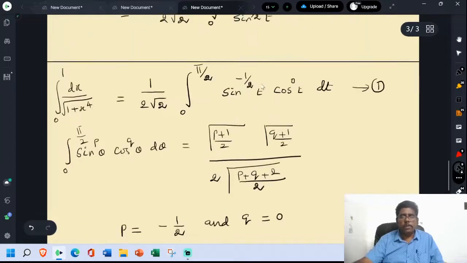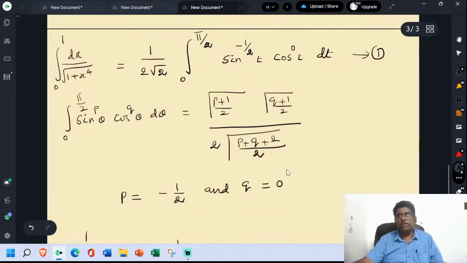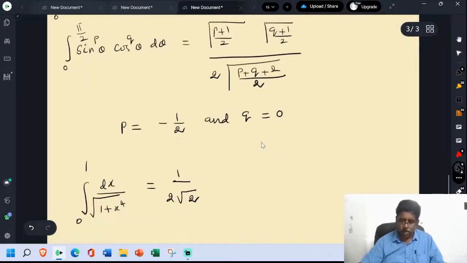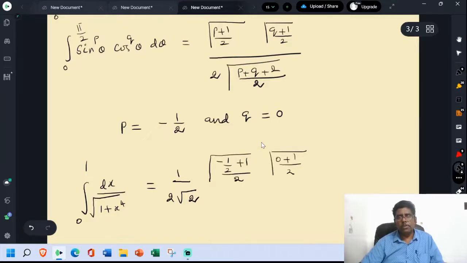To solve this integral, just you have to use this p plus 1 by 2, that is gamma of minus 1 by 2 plus 1 by 2 into q plus 1 by 2, 0 plus 1 by 2 whole divided by 2 into gamma of p plus q plus 2 whole divided by 2.